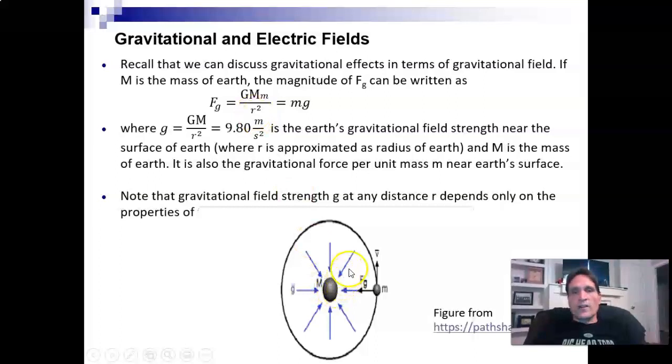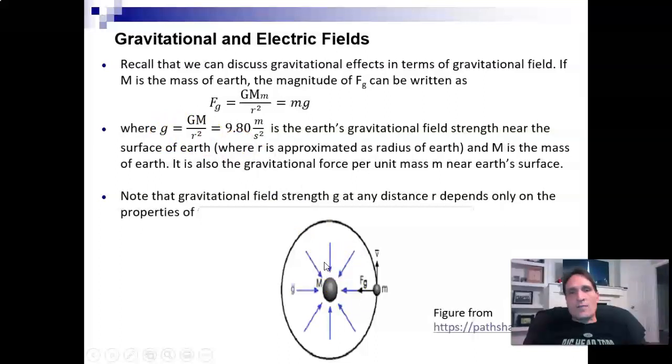And suppose we calculated this at all points. At each point, we can draw a vector whose magnitude is little g and whose direction points toward the center of the Earth. And this is what's called the gravitational field.